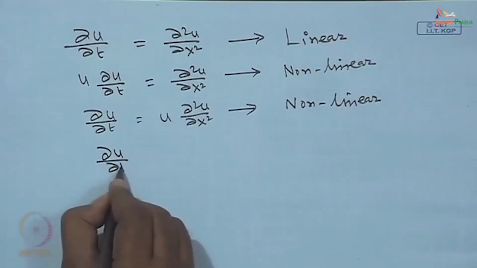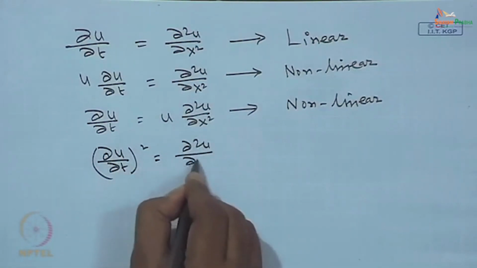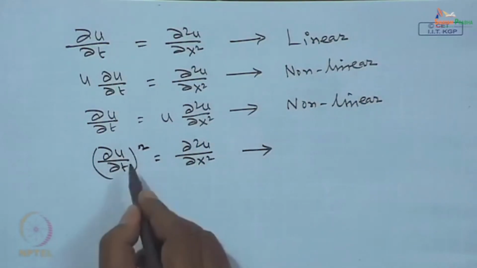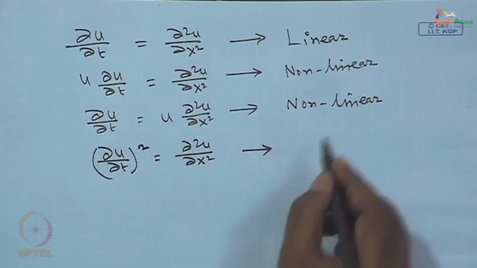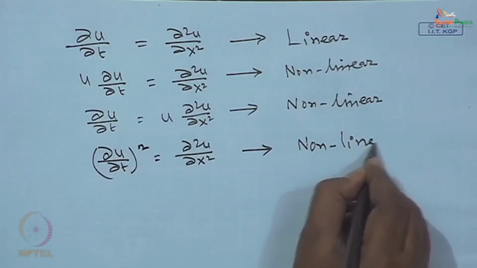Next, del u del t whole squared is equal to del square u del x square. Although the order is 2, the power is not 1, so it is non-linear.